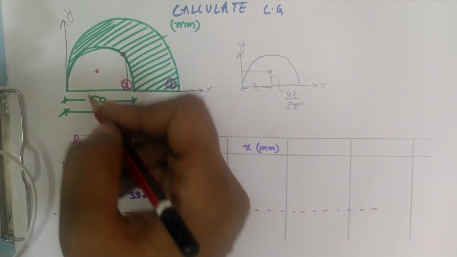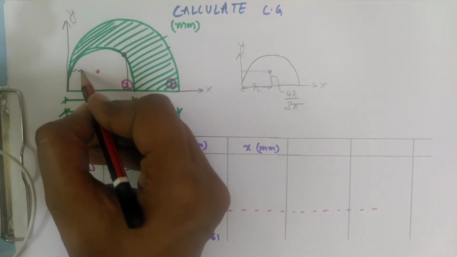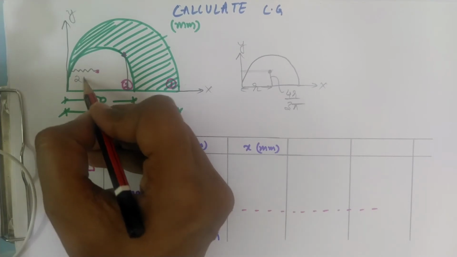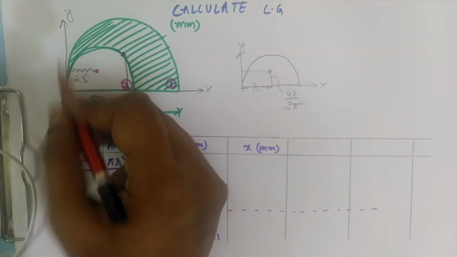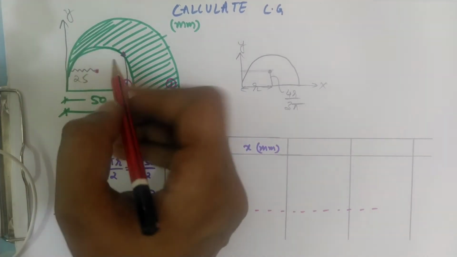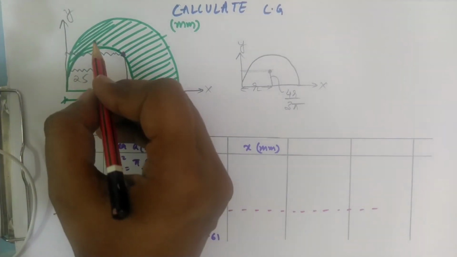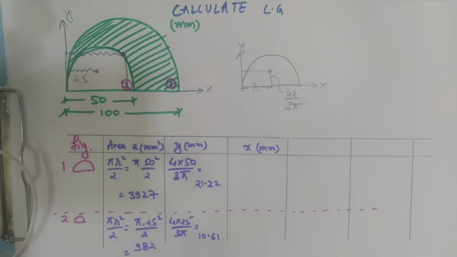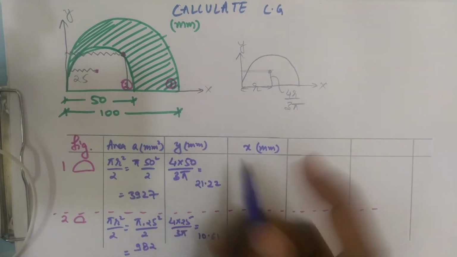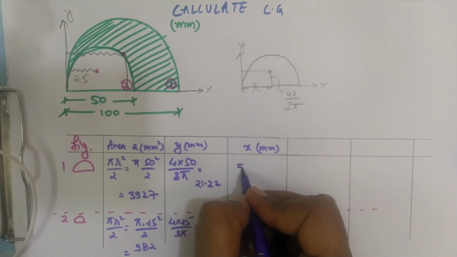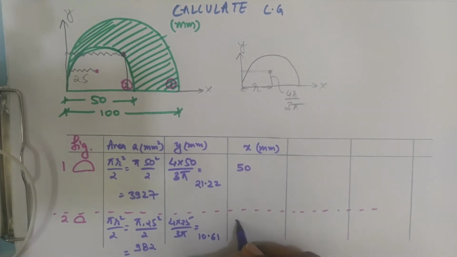For the smaller one, your x would be this distance, that is 25. For the bigger one, since the axis is touching the y, your x will be this much, that is r, which is 50. So I am directly putting the values here: for x, the bigger one is 50 and this one is 25.